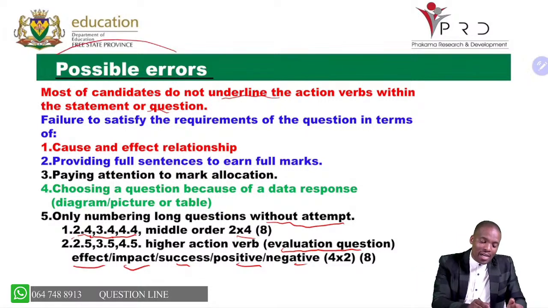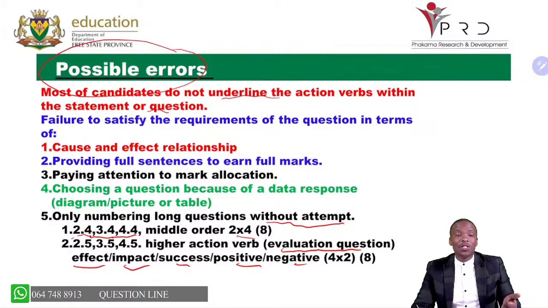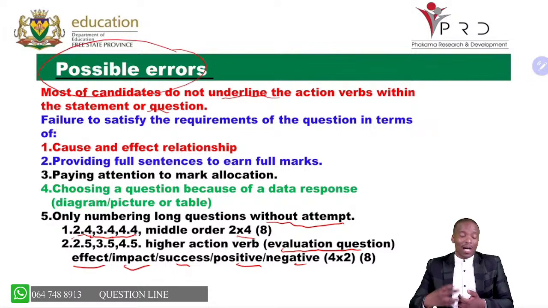So those are the possible errors that we find when we have to mark: a cause and effect relationship, not answering to satisfy the question in terms of the mark allocation, choosing a diagram because you like it, but not because of the questions that are under it. And then also coming out of the exam without attempting the long questions.